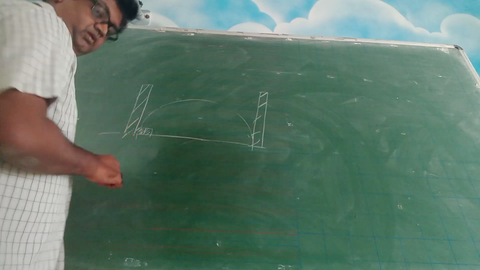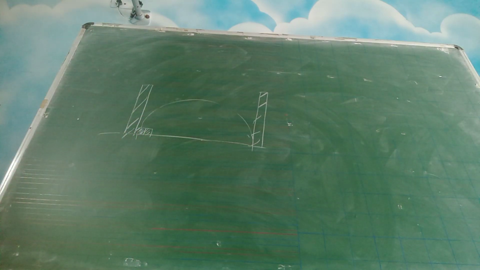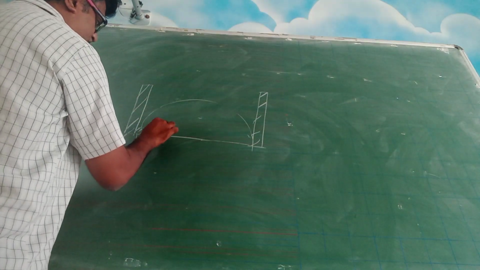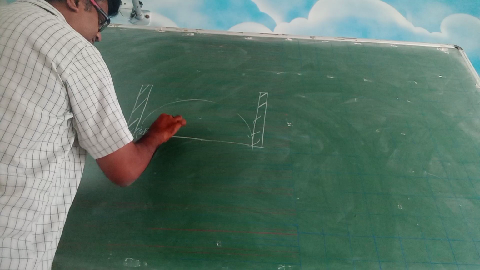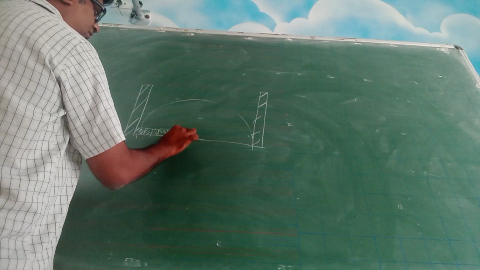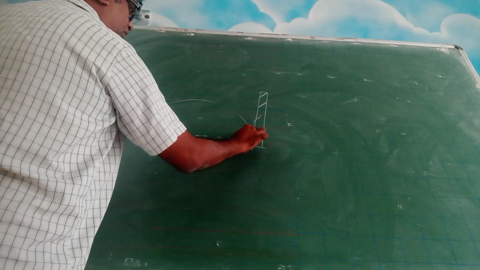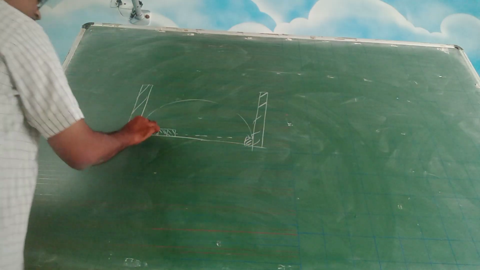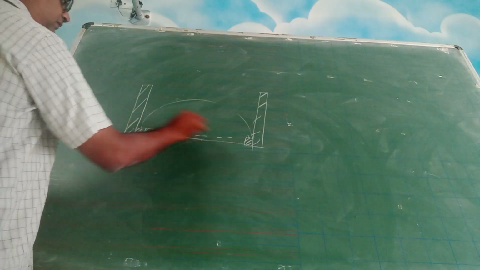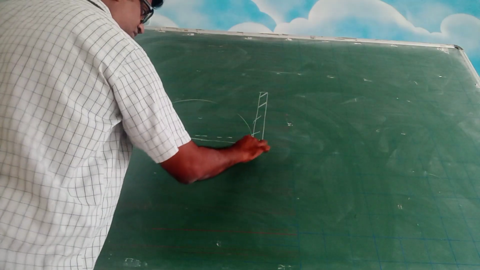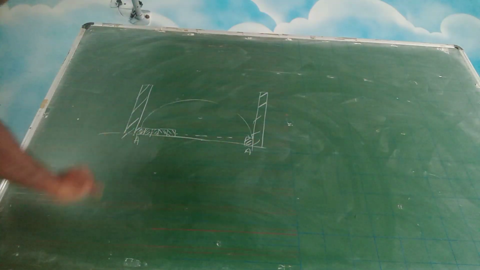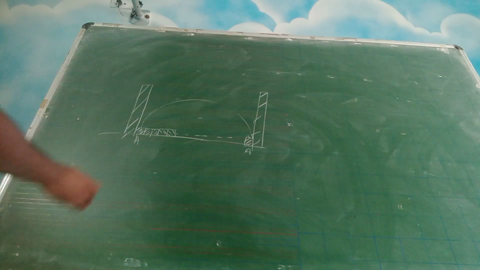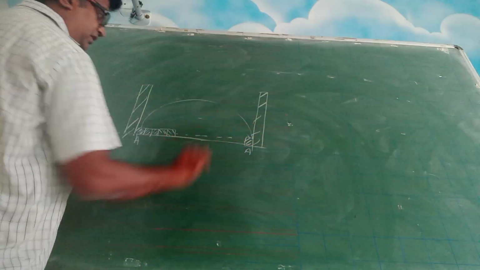Again we push it to this location, then again to this, slowly like that we will bring it to here. So what we have done here: there is a block A which we have shifted from this position to this position by giving small incremental work, and we have taken it here.